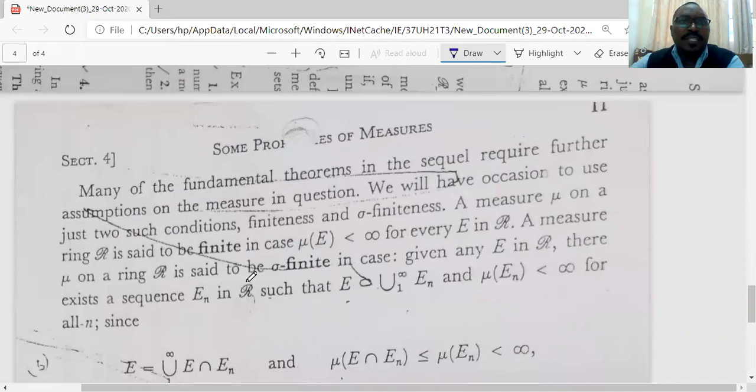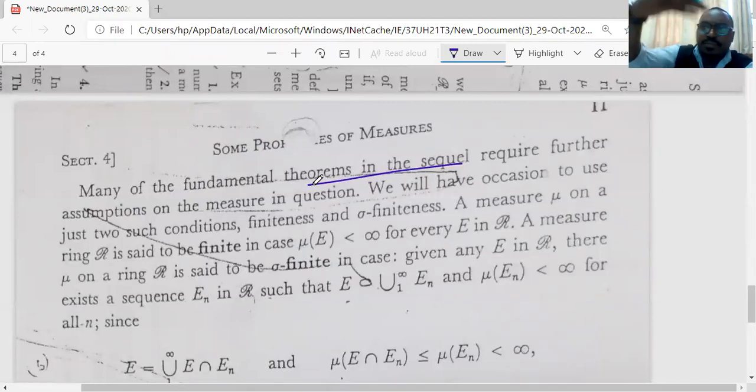Now, many of the fundamental theorems in the sequel require further assumptions on the measure. Sequel means what follows later in our subsequent chapters or sections. So there will be many assumptions that you have to make. When you say a function is a measure, we may not necessarily have to prove it is a measure. It has been proven in many quarters that indeed it is a measure. So it's not our job, and it's not that nice trying to explain that.